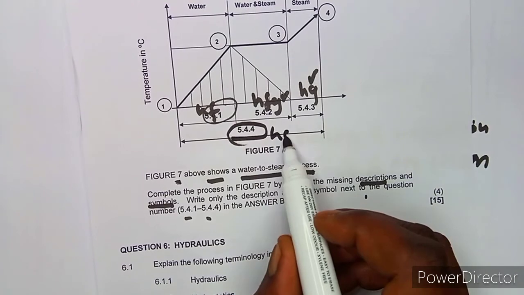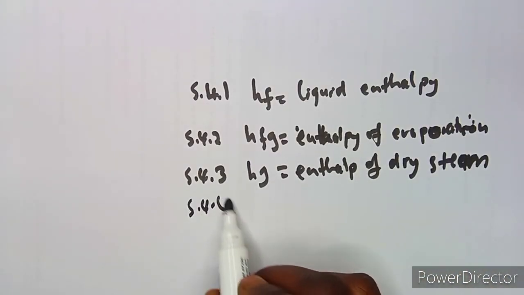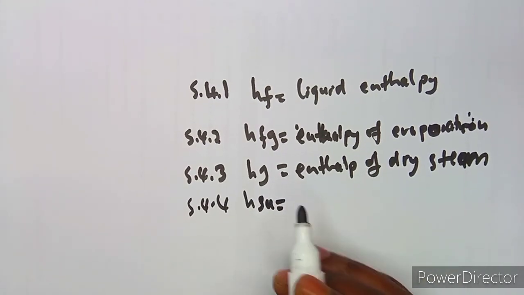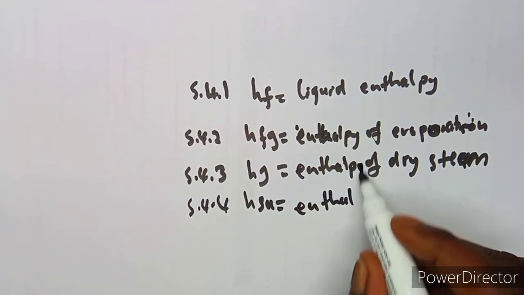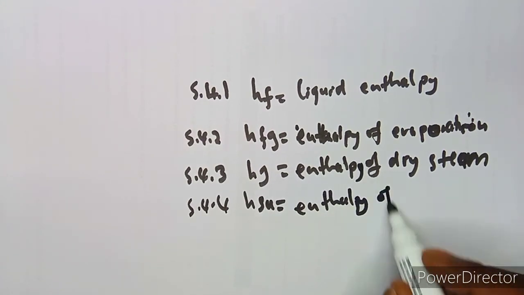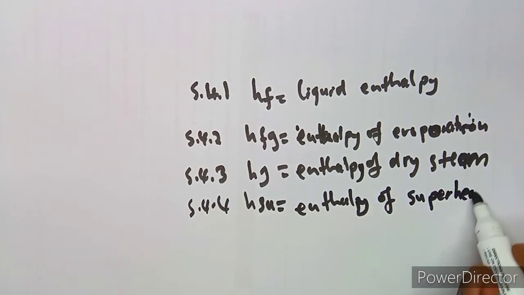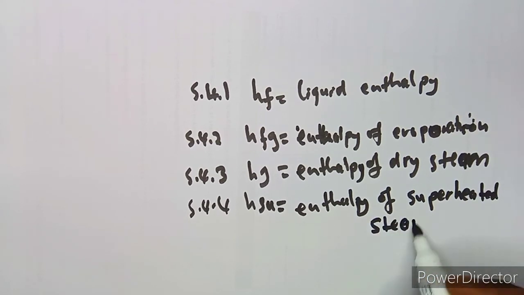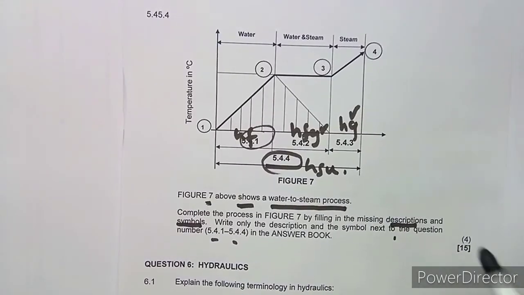All right, then after that, this steam is going to give us superheated steam now here. So this is superheated steam, HSUP, like this. So it's just the enthalpy of superheated steam. All right, so this is what we had.